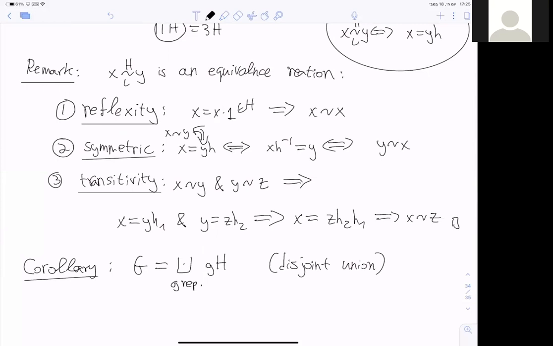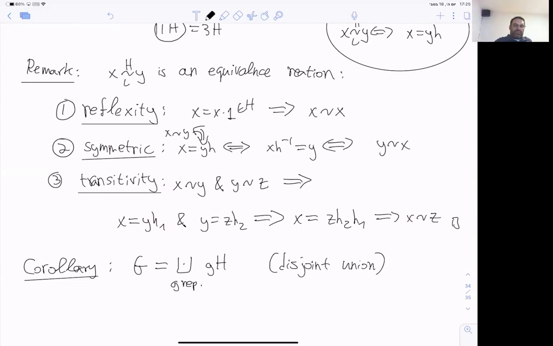Yeah, I have a general question. Why are we interested in such H? Because in mathematics we want to investigate properties of objects.